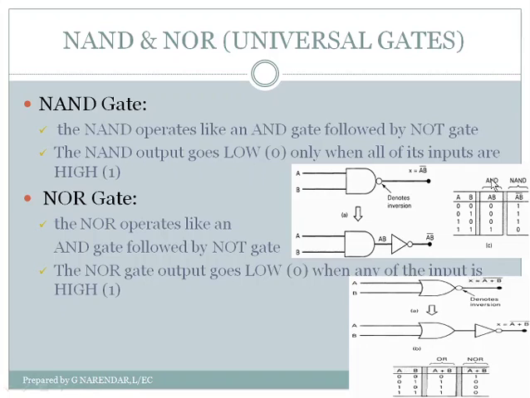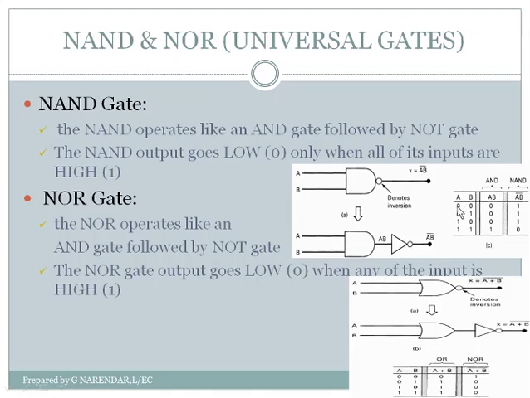Here the truth table shows, on the left side, the input variables A and B, and the various possible combinations of the input values.